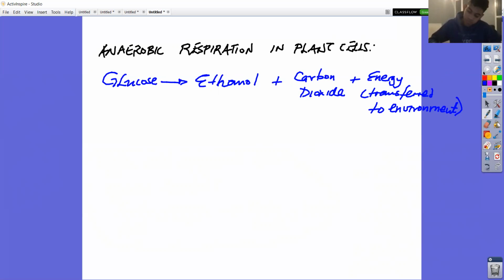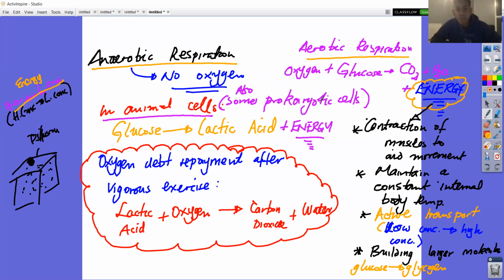Now let's ask a question again. I'll go back to the previous slide. How do you think the energy in an anaerobic respiration reaction compares to aerobic respiration? Which one produces more energy for the same amount of glucose?